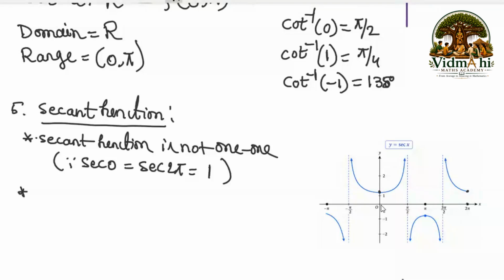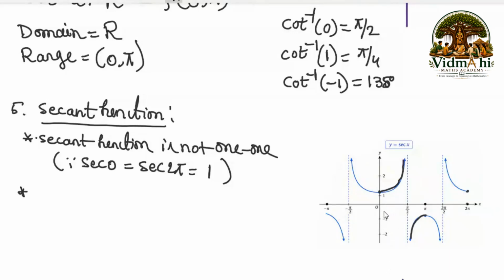observe here, from 0 to pi by 2, this one, and pi by 2 to pi here. Observe these two, from here to here this is one-one, and from here to here this is one-one.